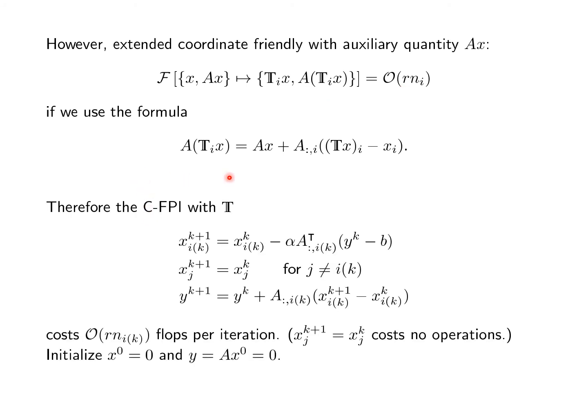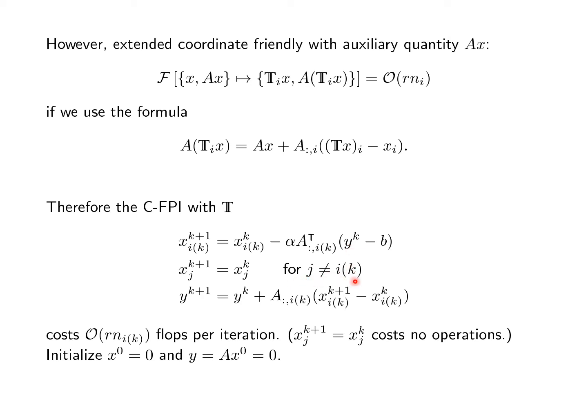By applying this idea, we obtain the following coordinate fixed-point iteration with operator T. First of all, we initialize x, and we also have to initialize y, corresponding to Ax. A simple approach is to set x to the zero vector and y also to the zero vector. Then at every iteration, we randomly sample an ik and update ik's block using yk, where yk equals A times xk.